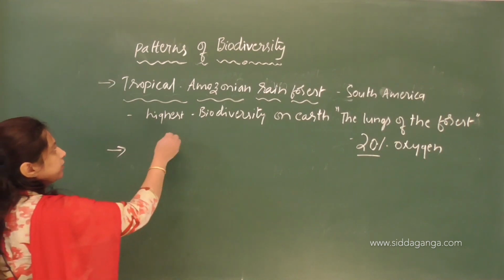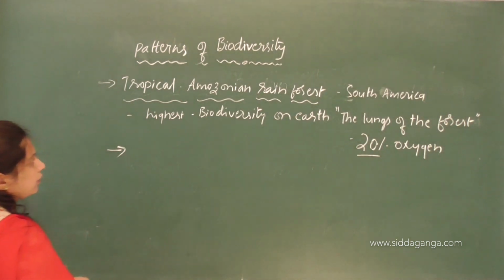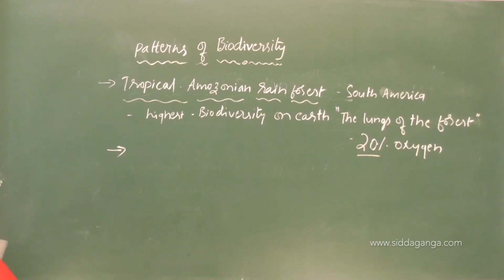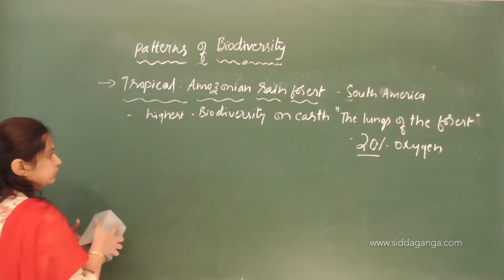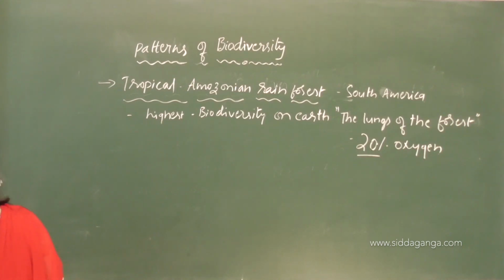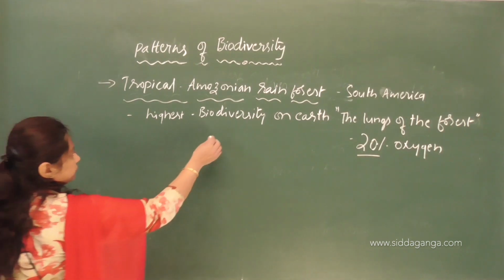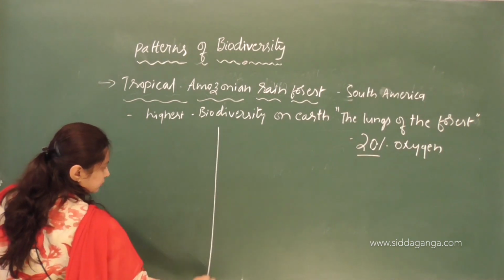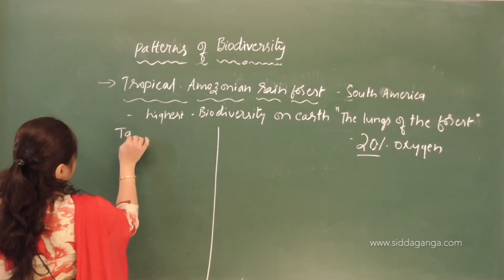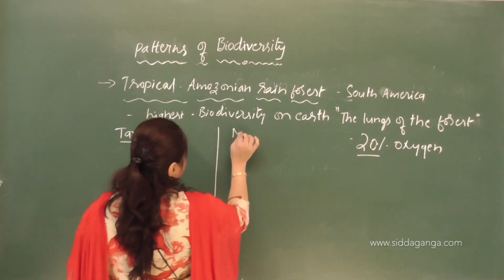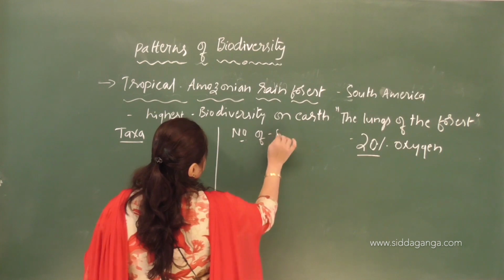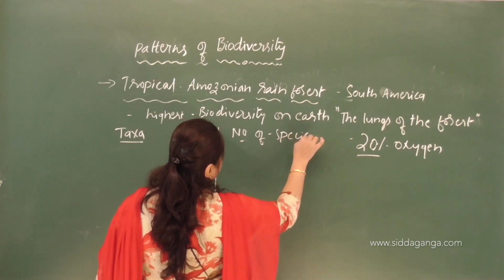So let us see the diversity in the tropical Amazon rainforest. Taxa, and here the number of species. This table is very important.